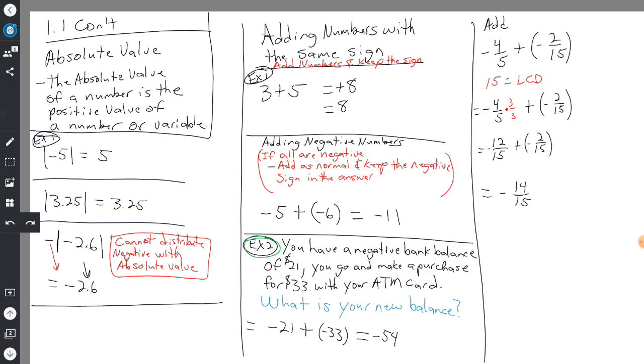So we take that negative 21 and we add it to what was just purchased, because the purchase is coming out of your bank account. So that's going to make it a negative 33. So negative 21 plus negative 33. Both the numbers are negative. So our result with adding the two numbers together is 54, and we put the negative back with it.